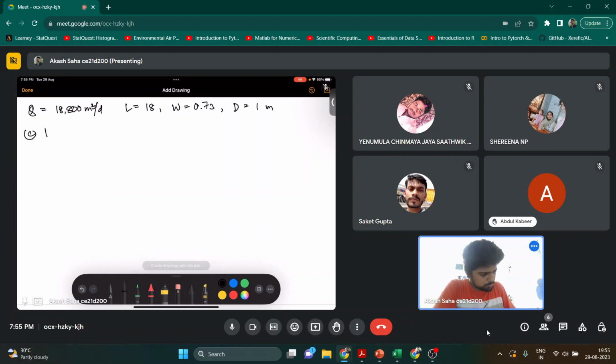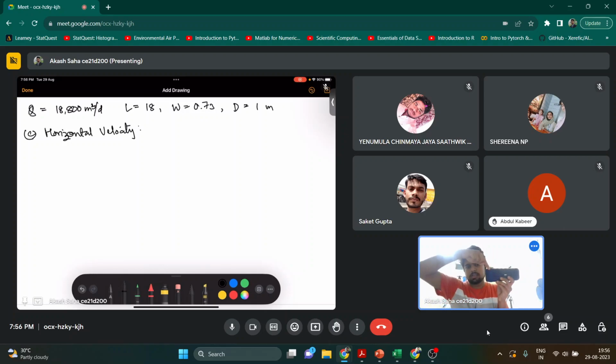Now the horizontal velocity. Horizontal velocity means in this direction. So in this direction, what will be my area? My area will be equal to the width into the depth. Suppose this is my grit chamber.